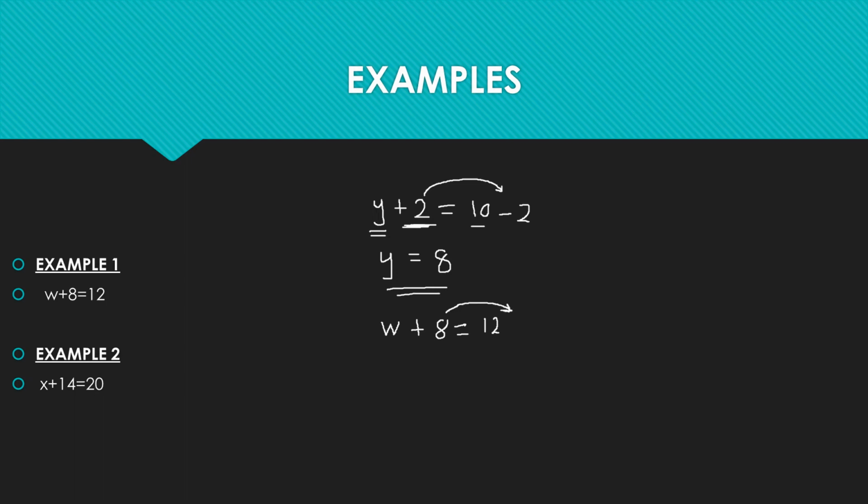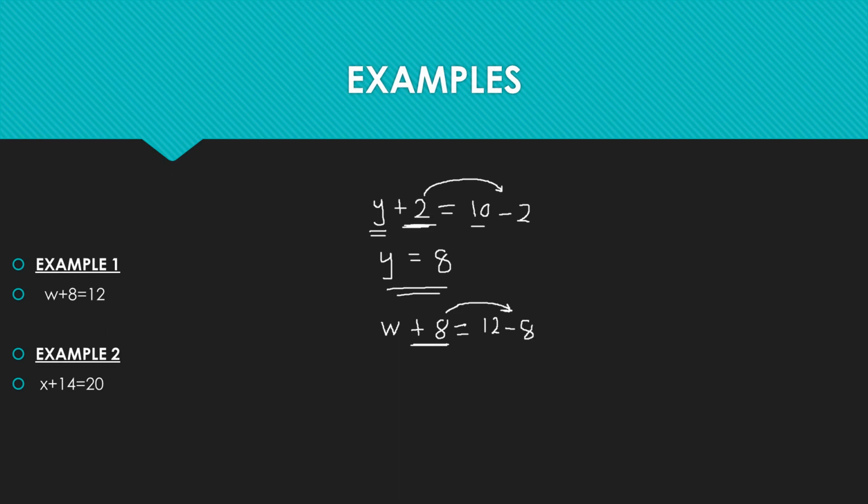When 8 was on this side, it had which sign? It was plus 8. When a number crosses the equal sign, its sign also changes. If it was plus, it changes to minus. If it was minus, it changes to plus. So since this one is plus 8, when it comes to this side, it's going to be minus 8.